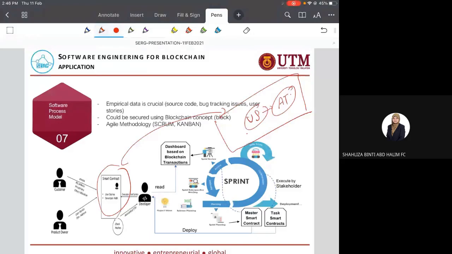If this smart contract is agreed by everyone, then we can say that the user story for that particular feature is successfully tested or developed. So there are no issues after this. If you complete 10 requirements and the next month the product owner says this requirement is not acceptable, that problem will not happen if you implement the smart contract.